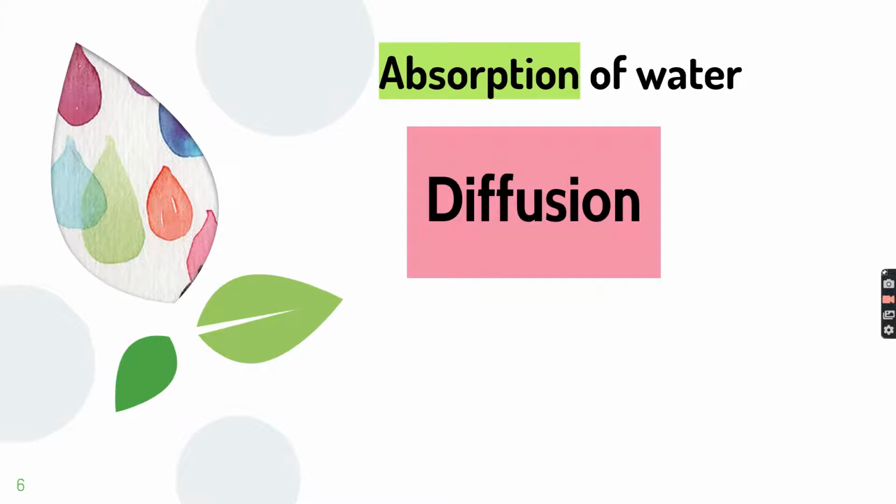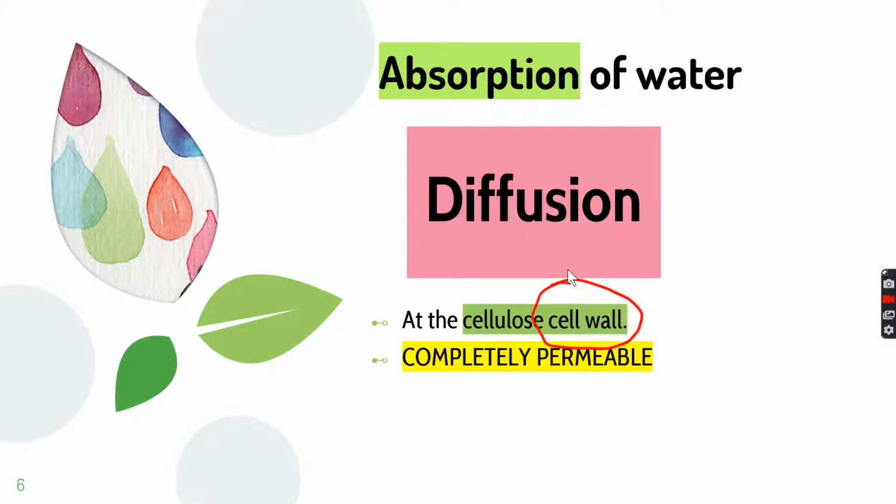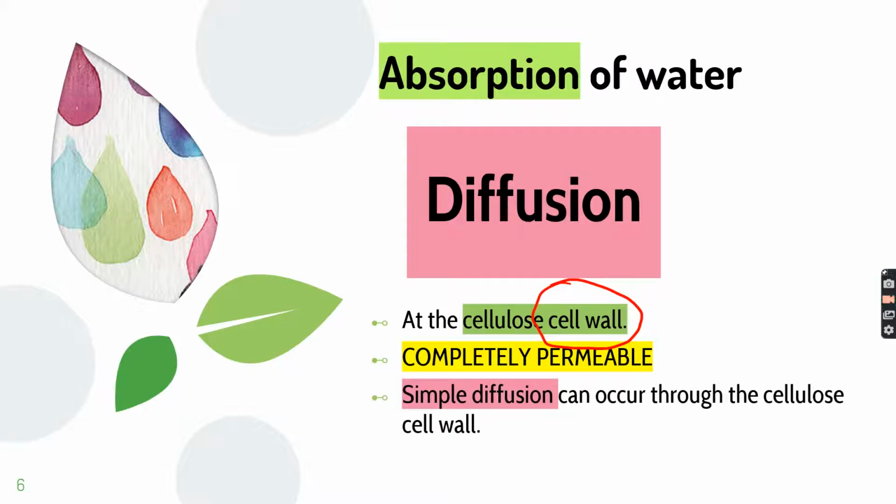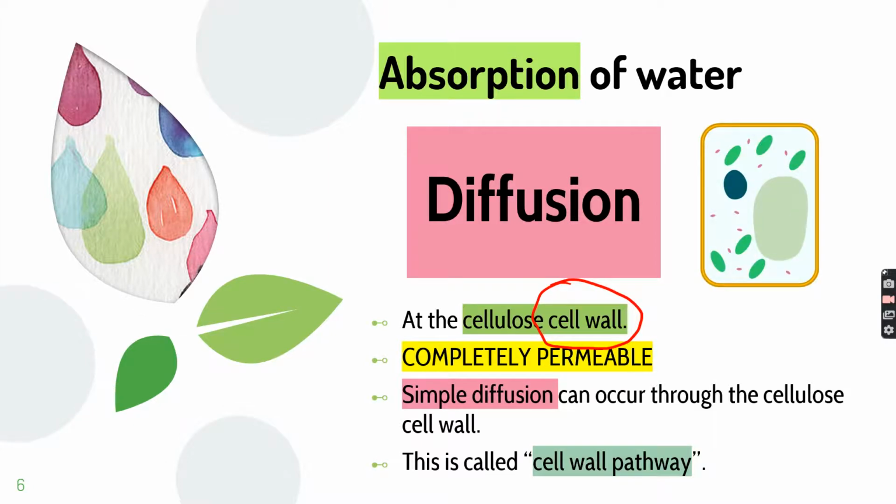Firstly, diffusion. This happens at the cell wall, because the cell wall is completely permeable. So simple diffusion will occur through the cellulose cell wall. That is how water first enters the root hair cell, and this is what we call the cell wall pathway.